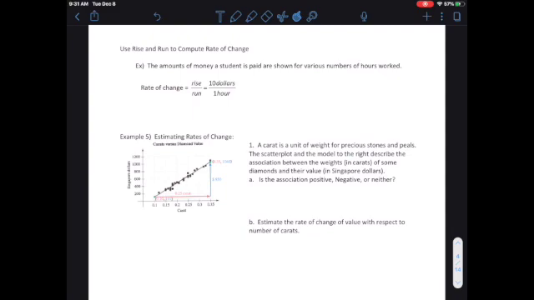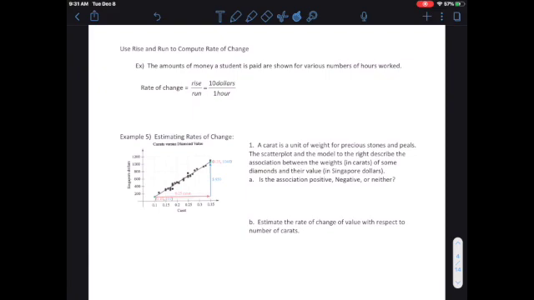So example number 1. A carat is a unit of weight for a precious stone and pearls, I think, pearls. Okay. The scatter plot and the model to the right describe the association between the weight in carats of some diamonds and their value in Singapore dollars.